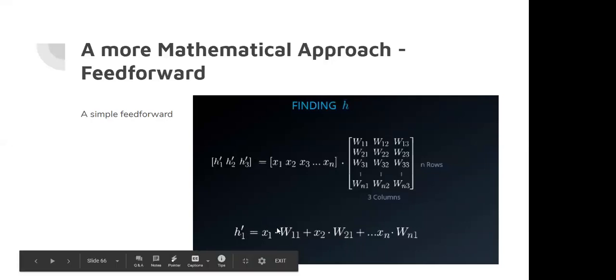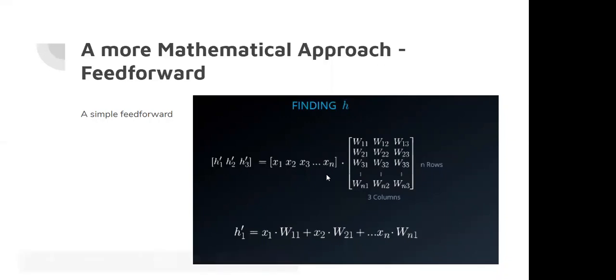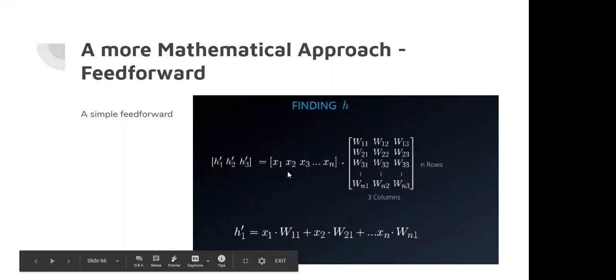So this is H dash 1, X1 dot W11, X2 dot W21, which is basically a simple multiplication. A simple way to figure out what's going on is you draw a line like this and a line like this. So this and this are getting multiplied element wise, and then everything is getting summed. That's a way to remember it.